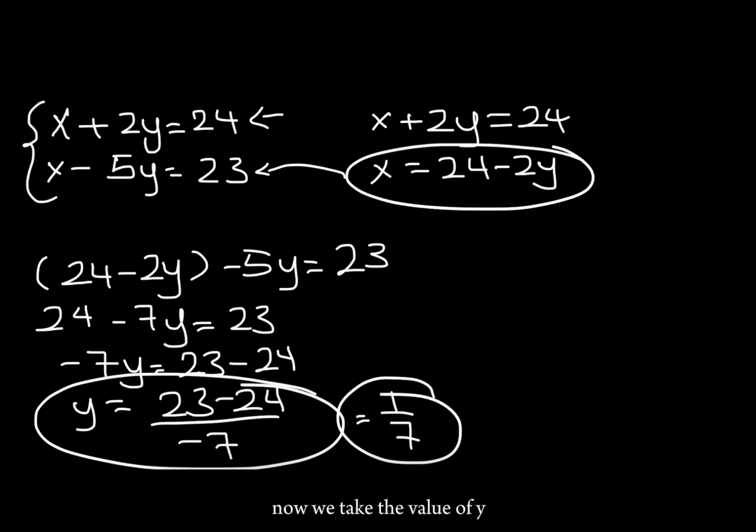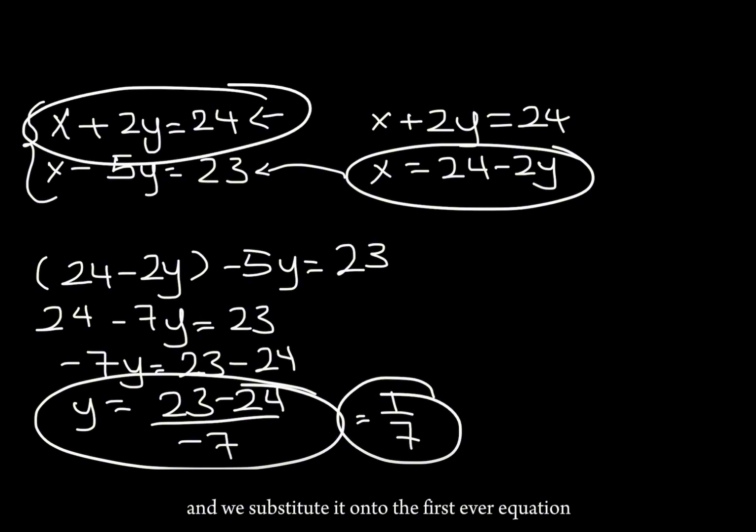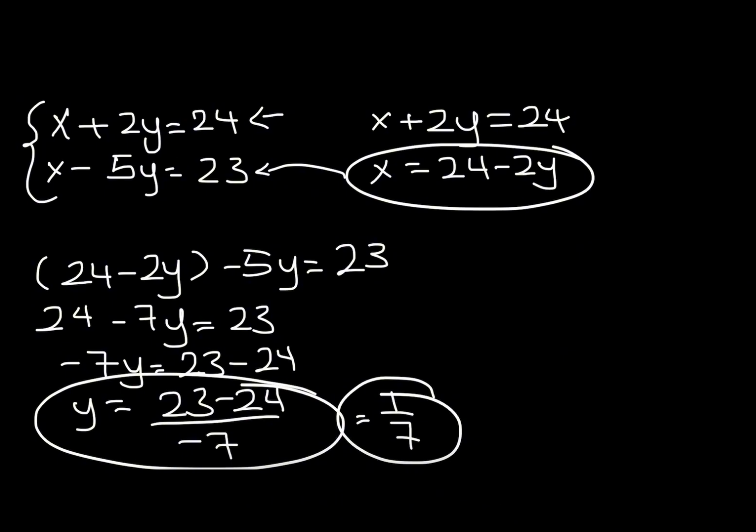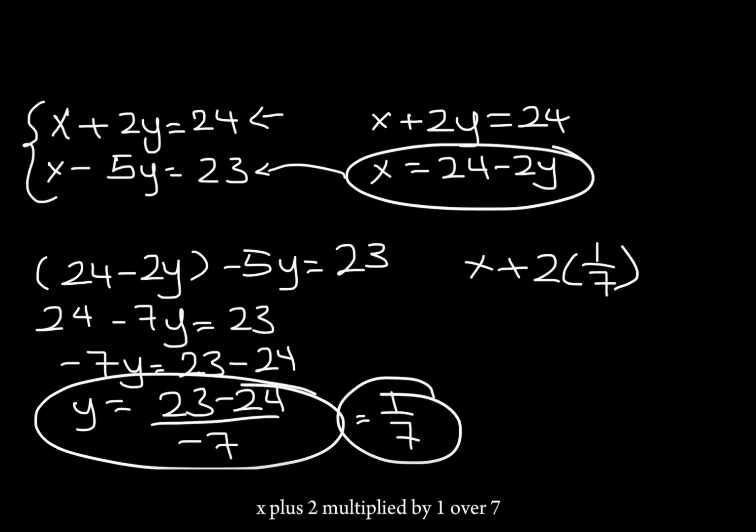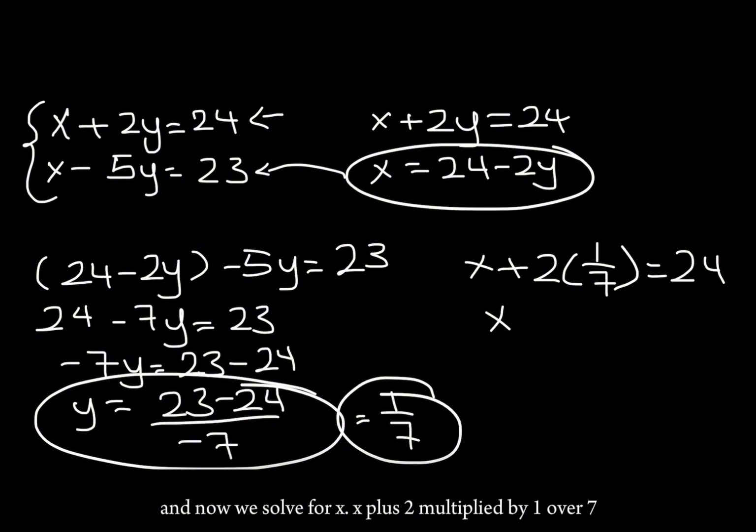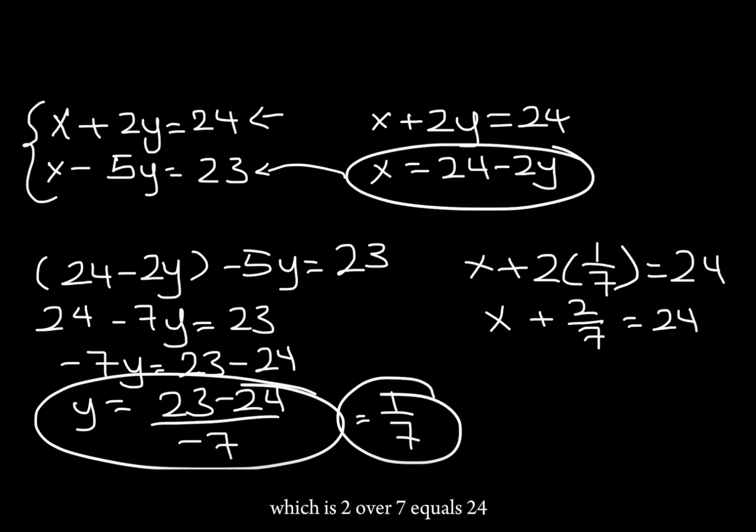Now we take the value of y and we substitute it into the first equation, this one. Let's do that. x plus 2 multiplied by 1 over 7, that is the value of y that we found out, equals 24. And now we solve for x. x plus 2 multiplied by 1 over 7, which is 2 over 7, equals 24.